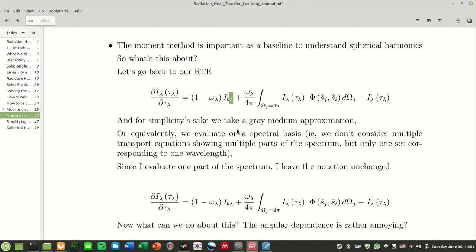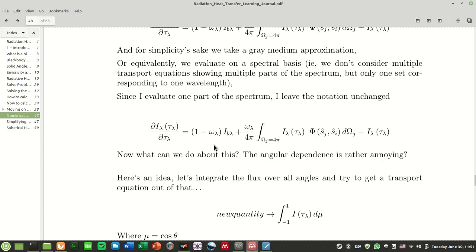So we take a gray medium approximation for simplicity's sake. Either gray medium or spectral basis: I evaluate one part of the spectrum, or just consider it gray. So we have this equation here, our usual absorption, extinction, black body term and in-scattering term. No source term, nothing else, just those.